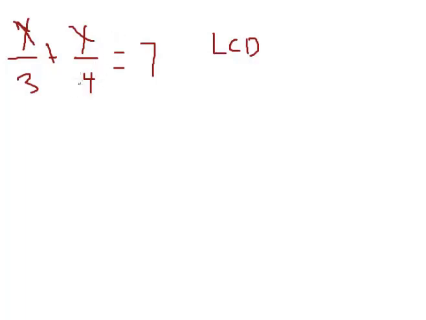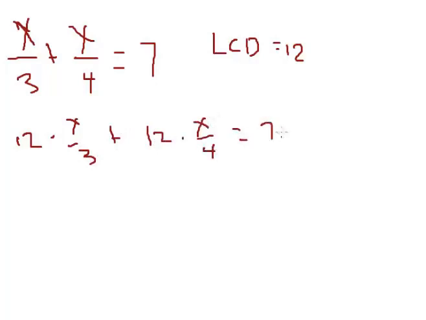And again, the great thing about algebra, and the one thing that's always going to work, is that you can always do anything to one term as long as you do it to all of the rest of the terms as well. So I'm going to put the LCD as 12 over here, and I'm going to multiply all the terms by 12. So I'm going to say 12 times x over 3 plus 12 times x over 4 equals 7 times 12.